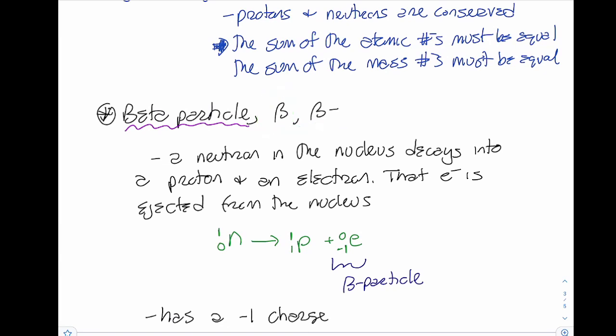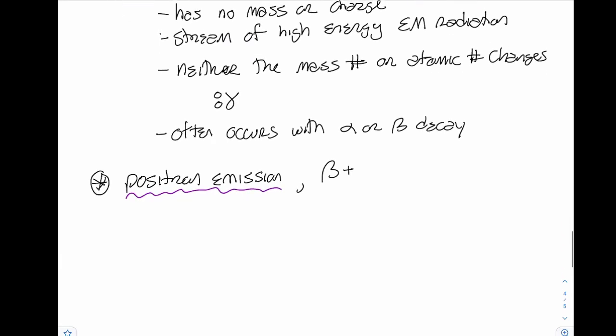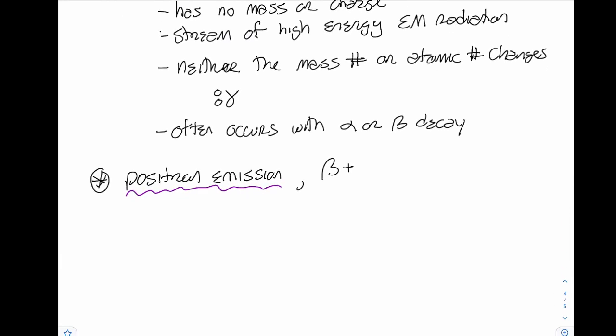So a beta particle is either just the beta symbol or beta negative. These two things mean the same thing. The positive version is a positron. It's different. So just be really careful with that. That can be kind of confusing at first.